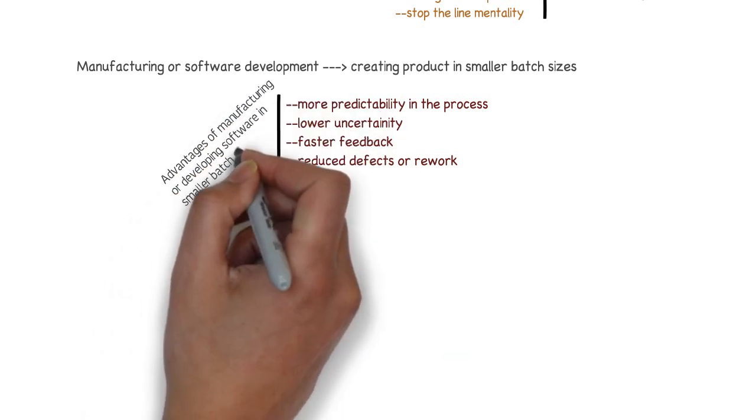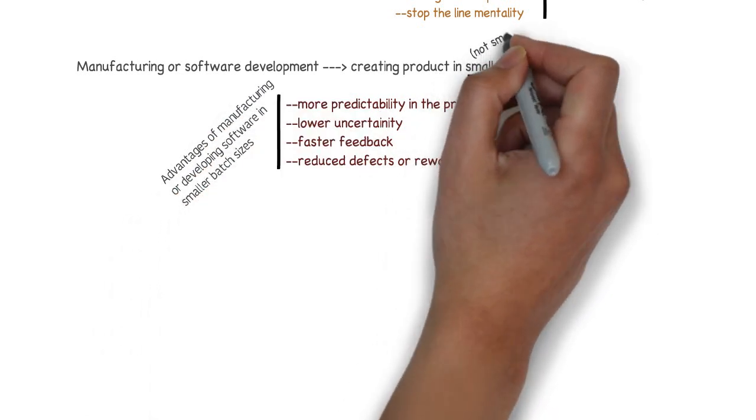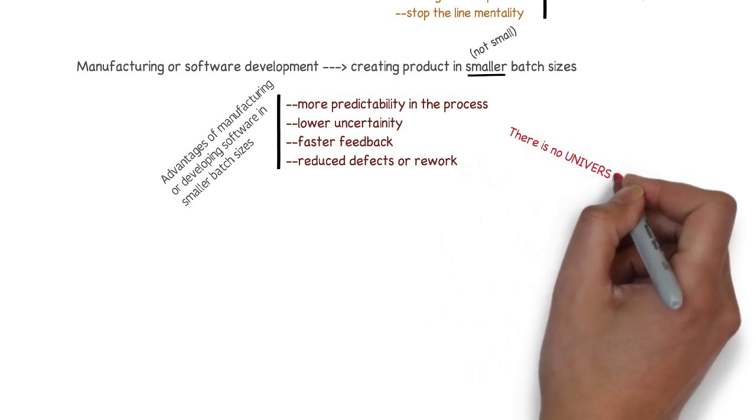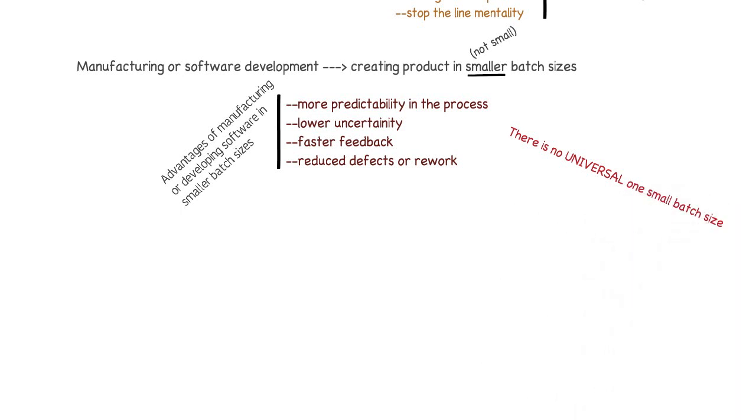Now notice that I have been using the word smaller and not small batch size. I'm pointing this out since there is no one universal small batch size that applies to all. The right size of a batch is relative and depends on what is being manufactured or developed.